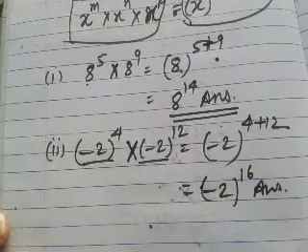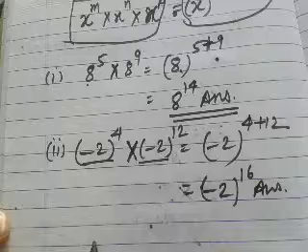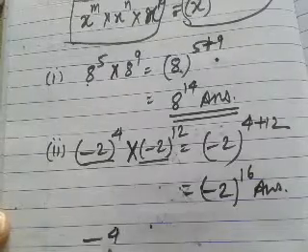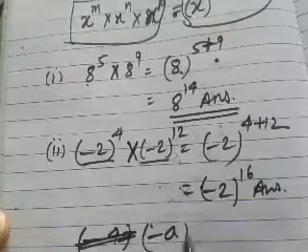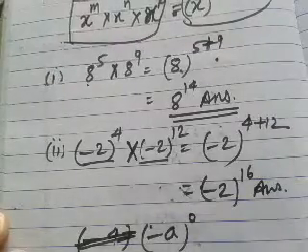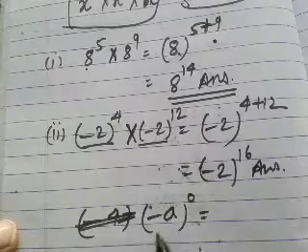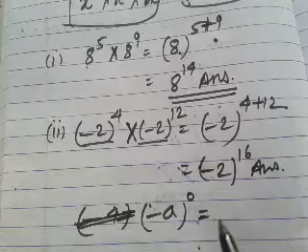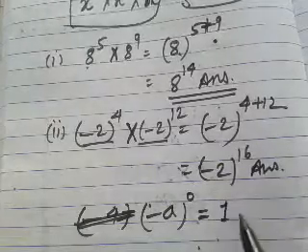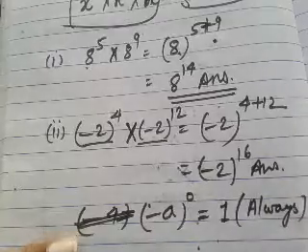Suppose that we have a number, minus a or any negative number, and its power is 0. What will be the value? Any number having power 0, the value of this expression is always 1.